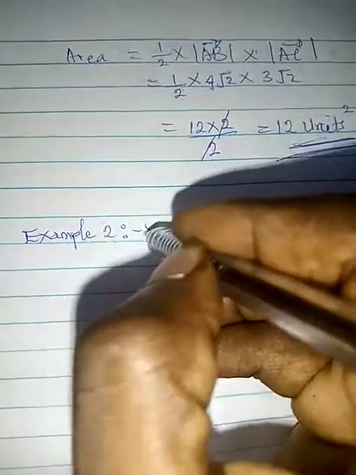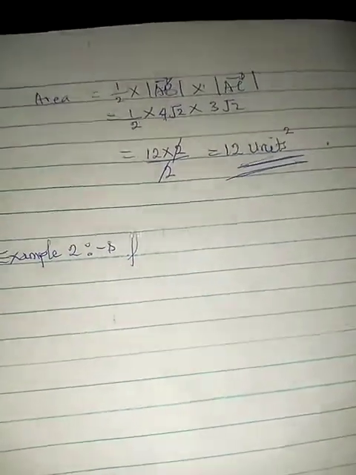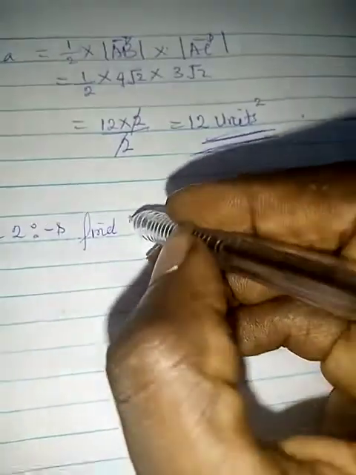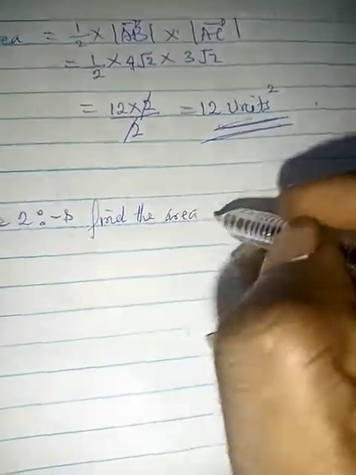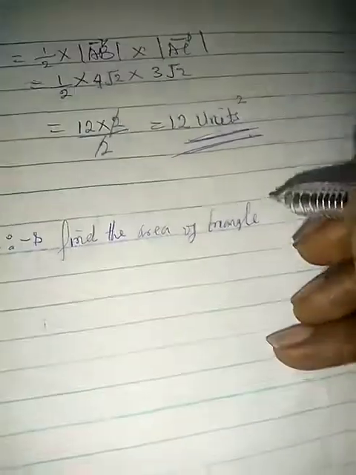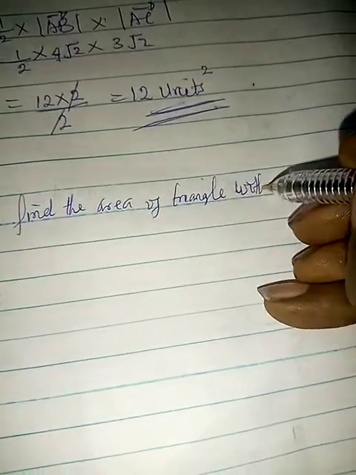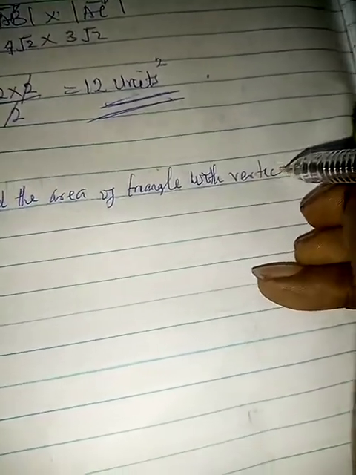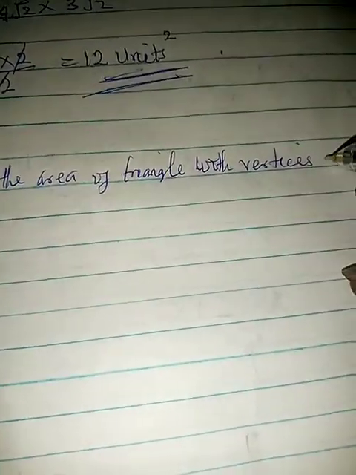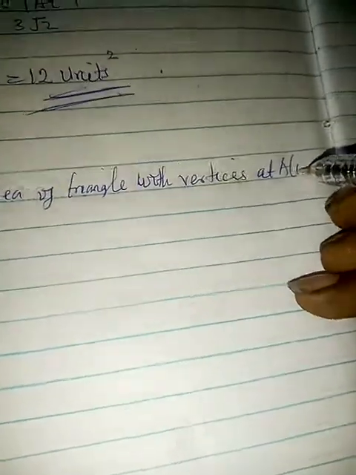Now the second example says, find the area of triangle with vertices at A (1, 1, 1, 0).